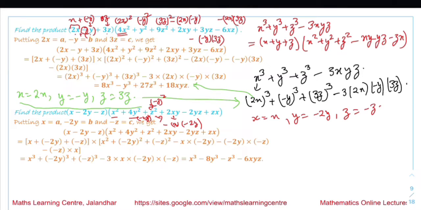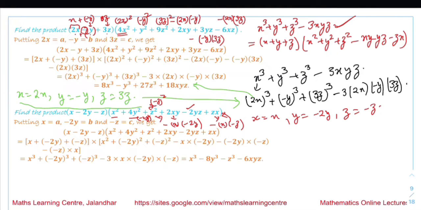We are not directly applying this formula, we have to check whether it is applicable or not. It is not always the case that this formula is directly applicable. We just know that this formula is applicable in this particular question, so we first check it and then we apply that formula. Now suppose I am talking about this last term, it will be minus of x into minus of z, so you will get plus z into x. So we are saying that this formula is applicable over here.